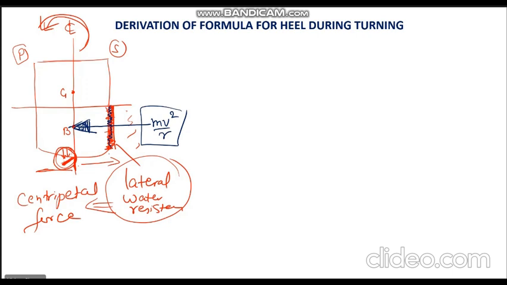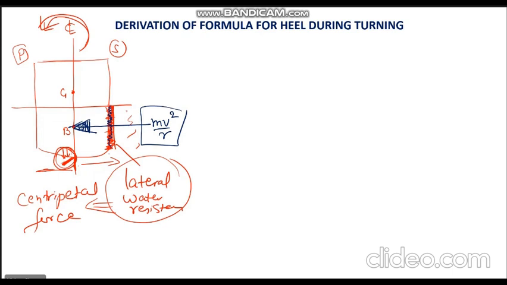As per Newton's third law of motion, to every action there is an equal and opposite reaction. So if there is a centripetal force acting towards the center of the turn, then there will be an equal and opposite force generated because of Newton's third law, and that is called the centrifugal force.